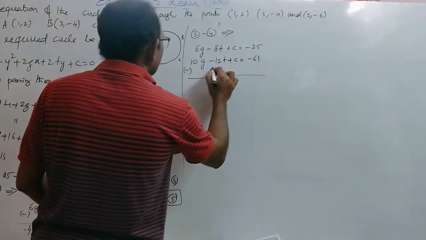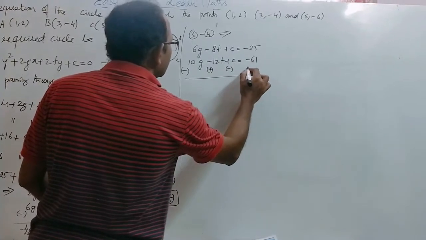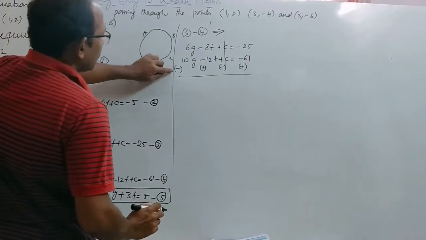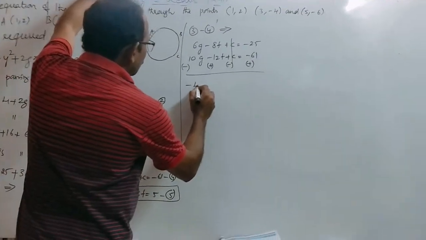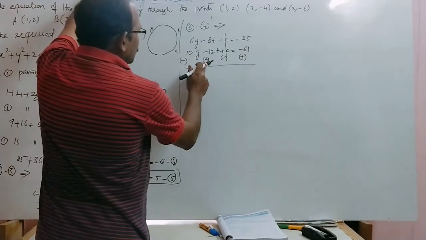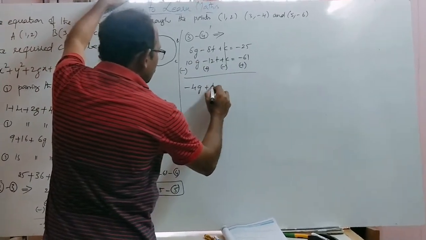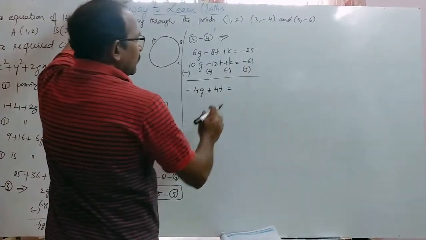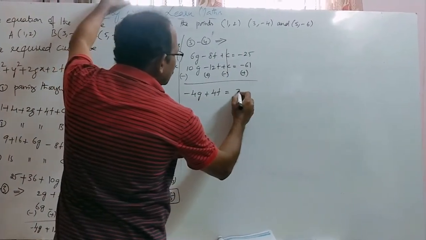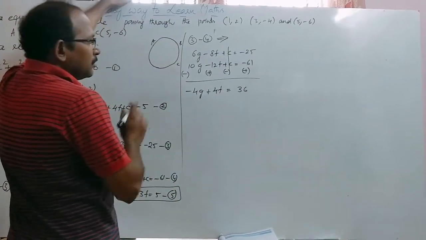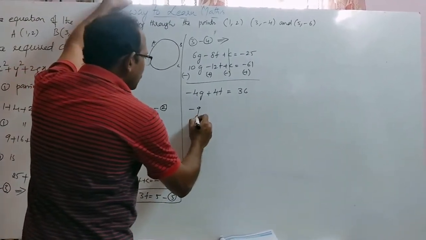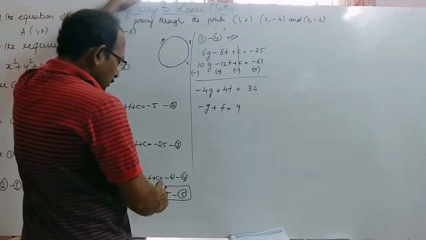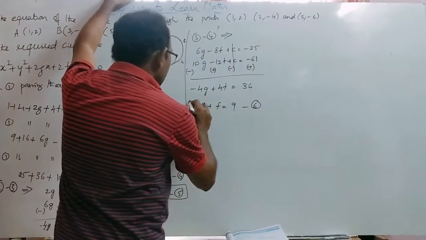Subtraction again, c minus c cancels. Then 6 minus 10, minus 4g, plus 12 minus 8, plus 4f, is equal to plus 25 minus 61, which is minus 36. Taking 4 common, minus g plus f is equal to 9. This is equation 6.